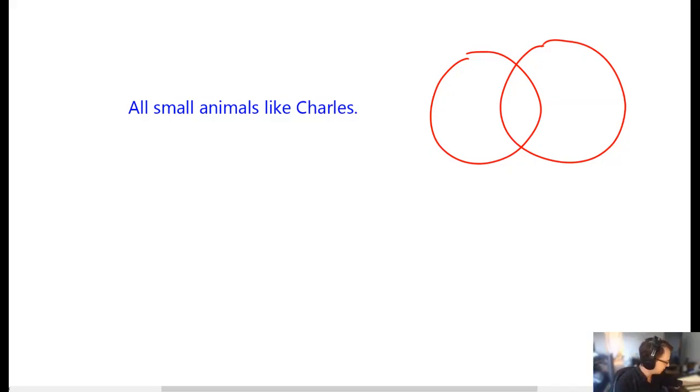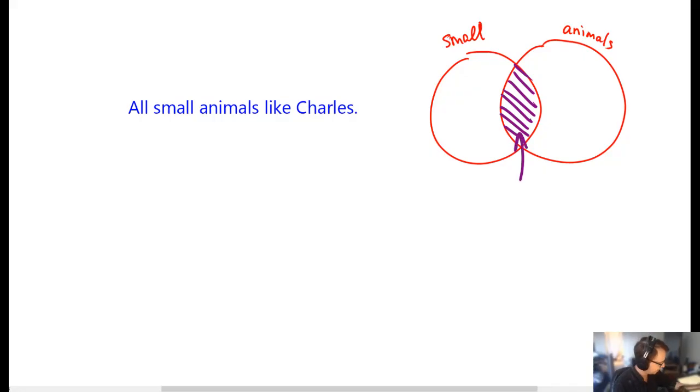We have the set of things that are small in the world, and the set of things in the world that are animals. So when we say all small animals, we're talking about the things that are both small and animals. Small is a property and animals is a property.